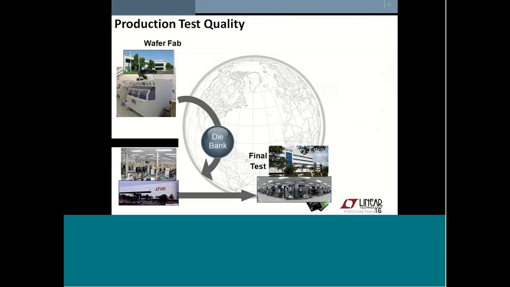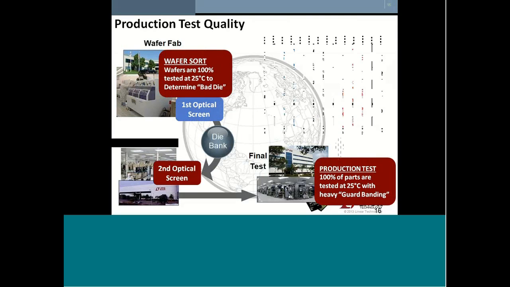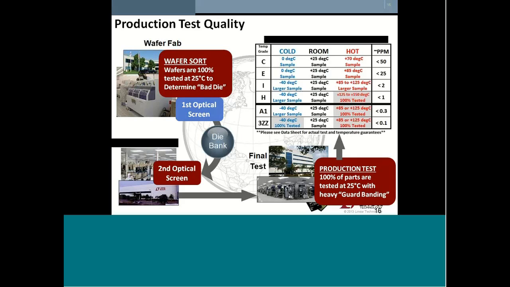In terms of testing, between wafer fab and die bank, wafers are tested at room temperature. Between the die bank and assembly, we run a second optical screen at testing. We do it for 100% of parts at room temperature. But these parts, which are rated differently, are in this column.